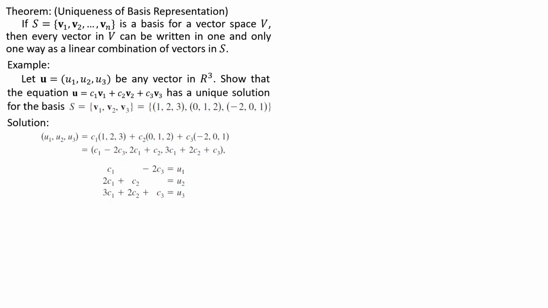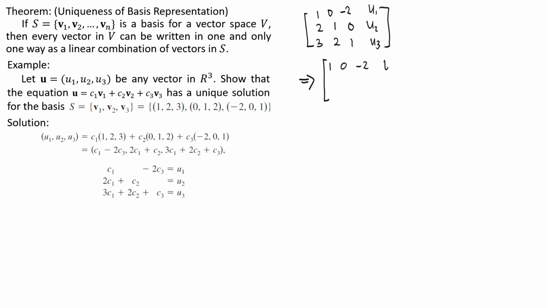And from this, we write down the augmented matrix of the system. So we have here 1, 0, negative 2, u sub 1; 2, 1, 0, u sub 2; 3, 2, 1, u sub 3. And then let us try to use Gauss-Jordan elimination to solve for the given system. We will make these zeros.